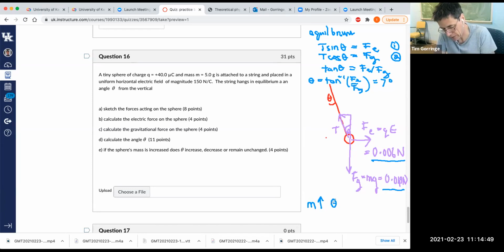So if the mass goes up, theta goes down. On the other hand, if the charge goes up, that increases the electrical force, which increases this ratio of forces, which would increase theta. So that's just how the angle is dependent on the two forces, and the two forces themselves are dependent on the properties of that sphere, its mass and its charge.